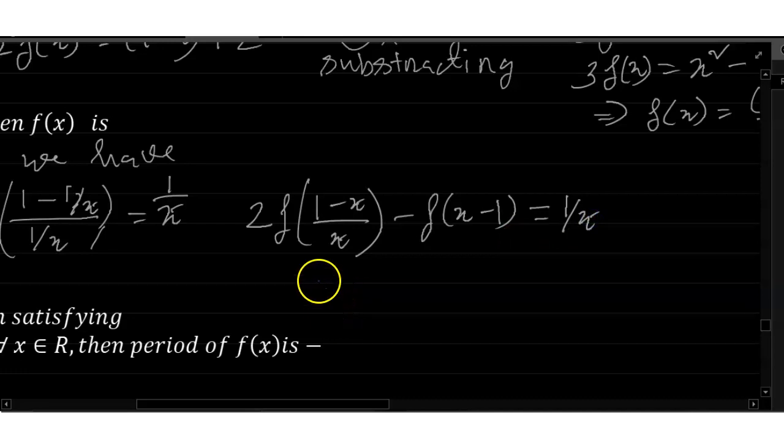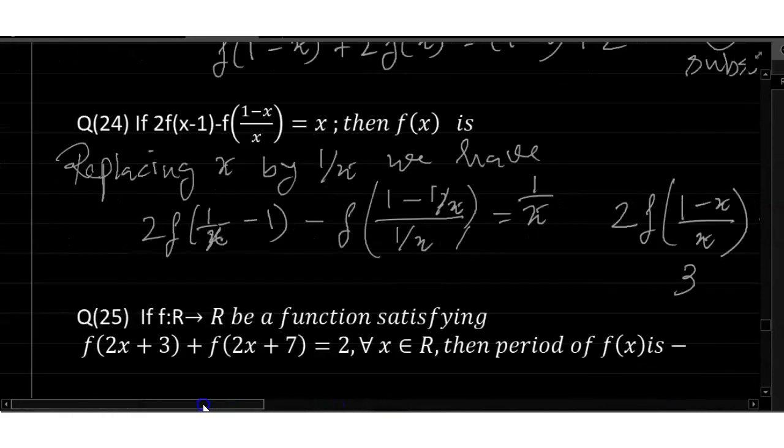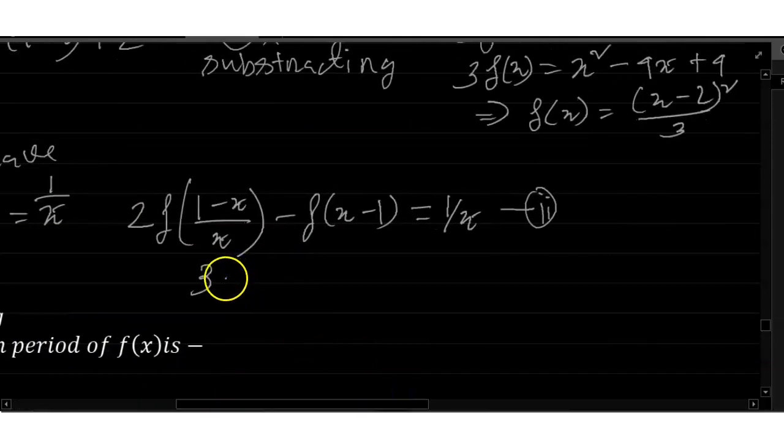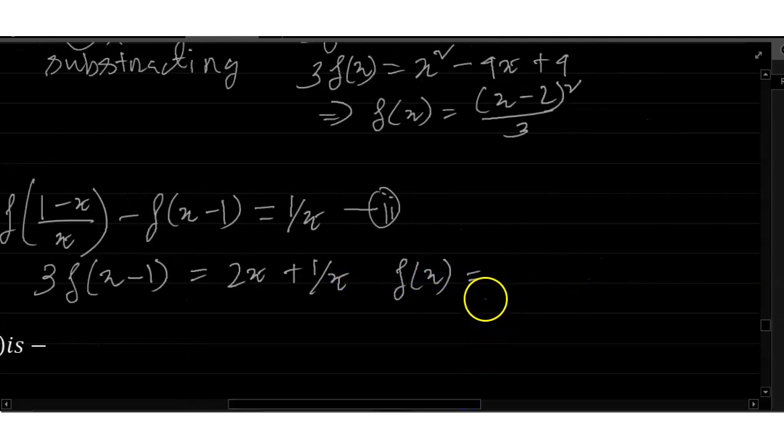From equations 1 and 2 we have 3. So f(x) equals, I can write this way, 1 by 3 into (2 into x plus 1 plus 1 by (x plus 1)).